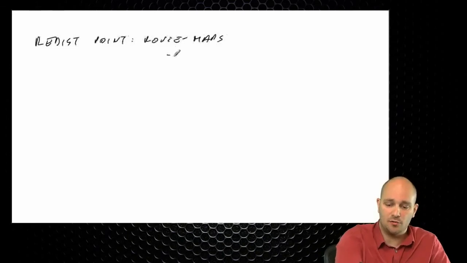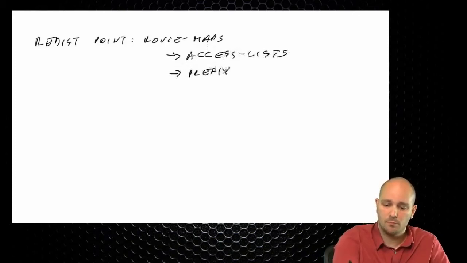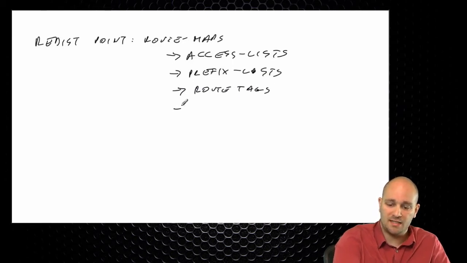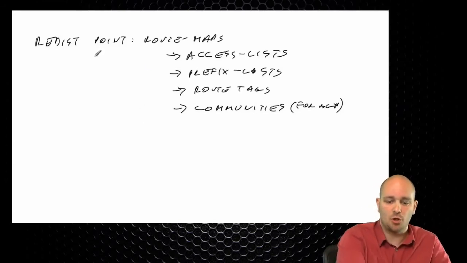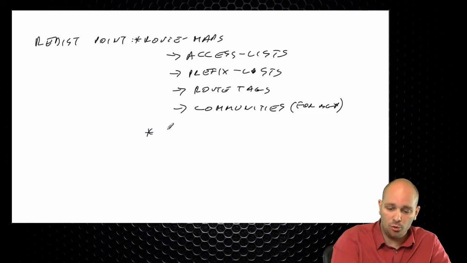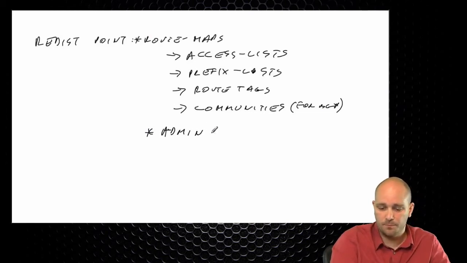Now, the good news is that in route maps, I can use access lists, I can use prefix lists, I can use route tags. In a case that BGP is involved, I can use communities. Even excluding the route maps, at the redistribution point here, I can also use admin distance tricks to filter some routes.